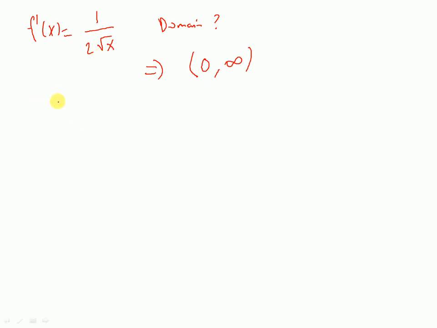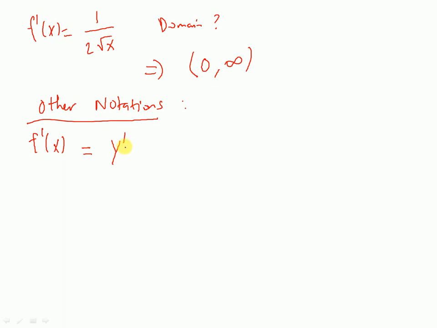Okay, let's go to the next topic. When we talk about the derivative of the function, we usually write f prime of x, but we can also write y prime.